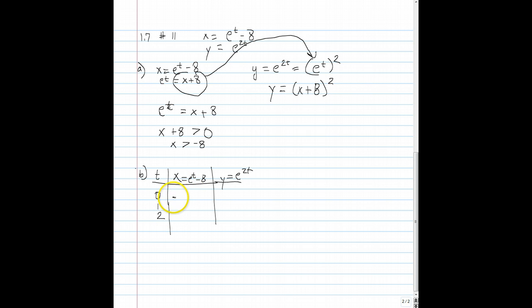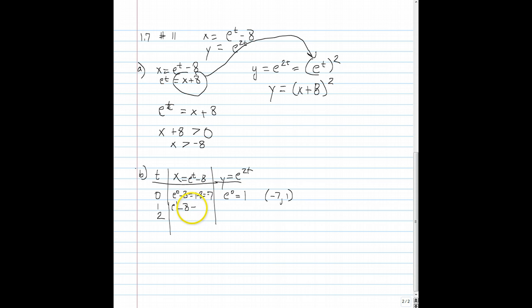So this would be e to the 0 minus 8, or 1 minus 8, which is negative 7. This would be e to the 0, which is 1. So you have a point, negative 7 and 1. Do the same thing. Substitute the 1 in, you do e to the 1 minus 8.